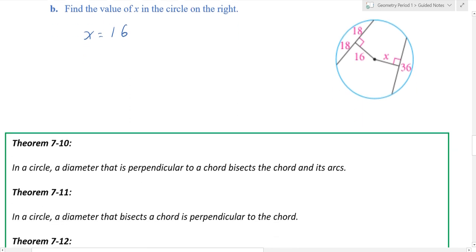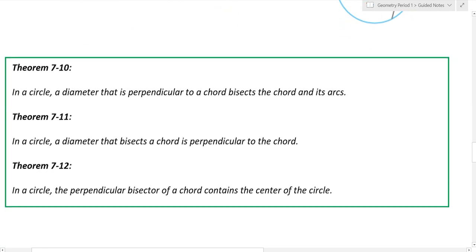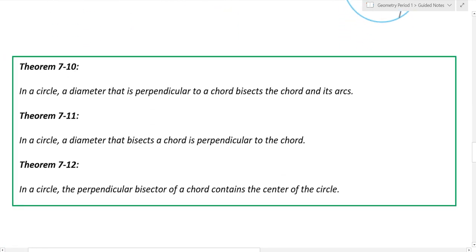Moving on to the next thing, we have theorem 710, 711, and 712. And they go like this. In a circle, a diameter that is perpendicular to a chord bisects the chord and its arcs.